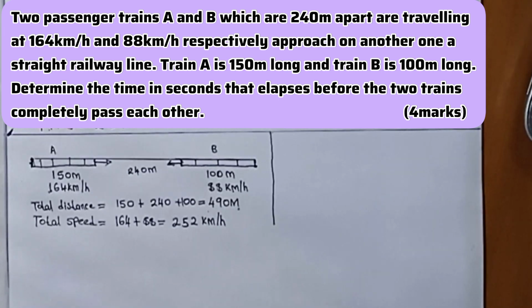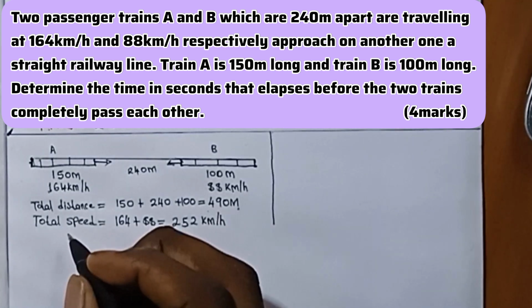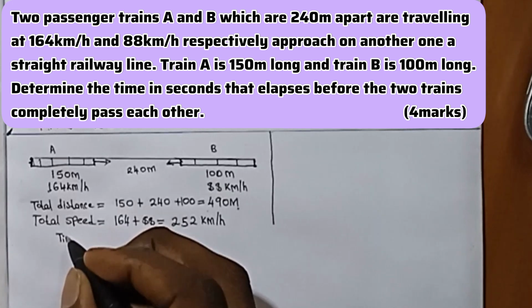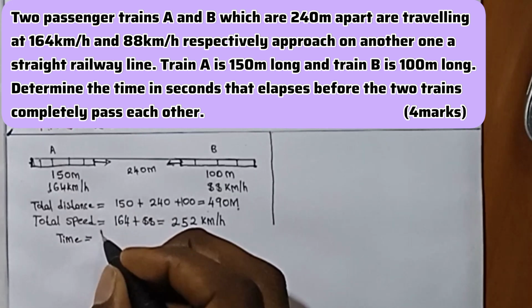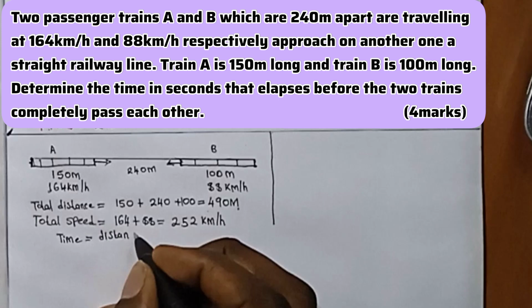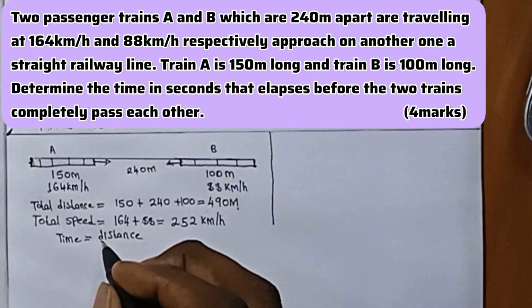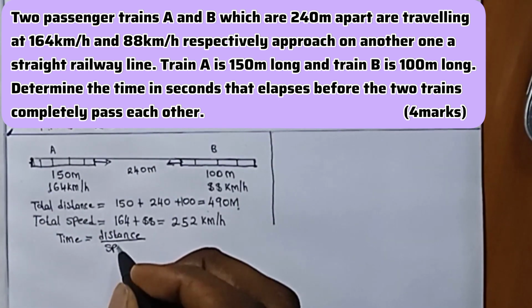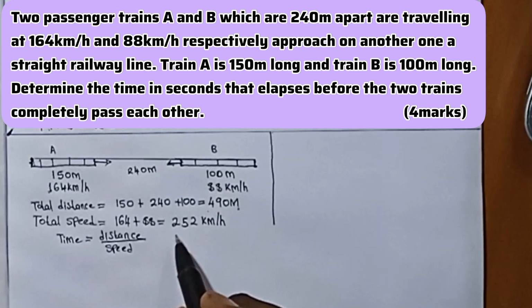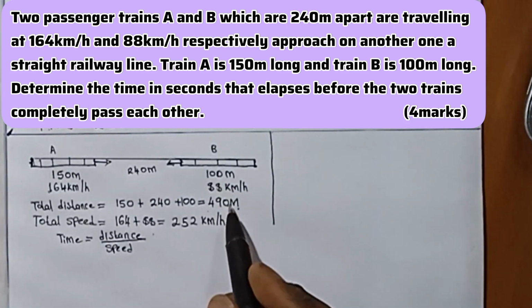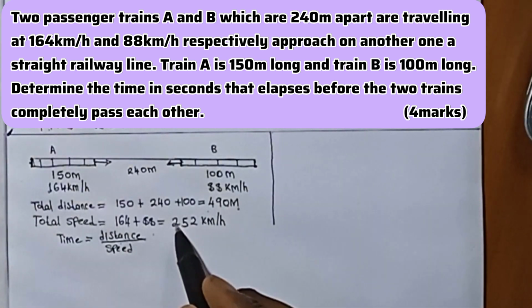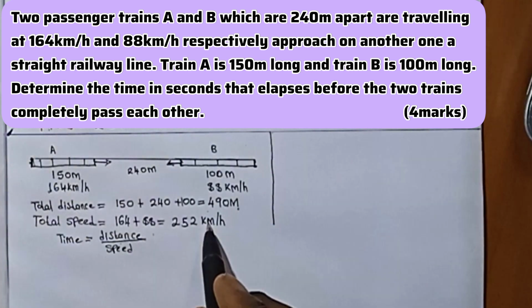So the question is asking us to find the time in seconds that the two trains will take to completely pass each other. So we are going to find the time, which is given by distance divided by speed. But our distance here is in meters, and our speed is in kilometers per hour.